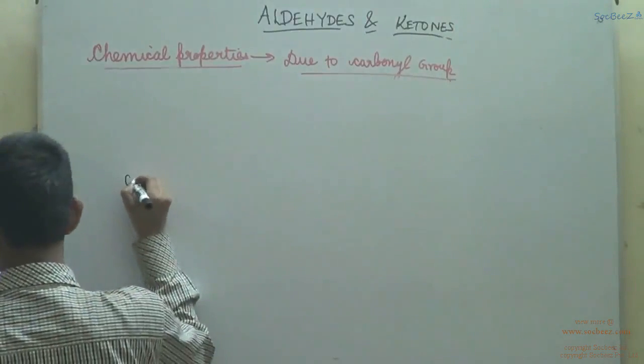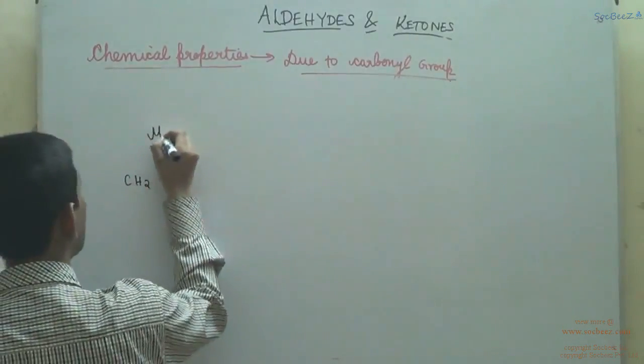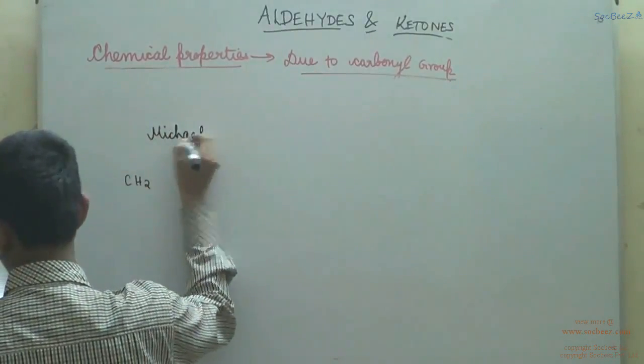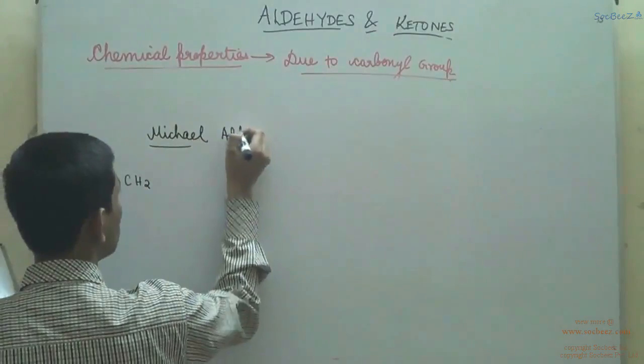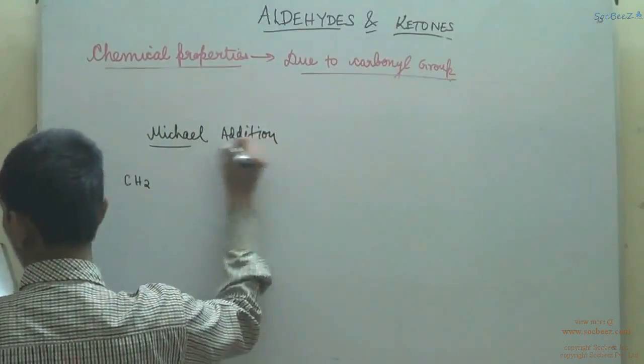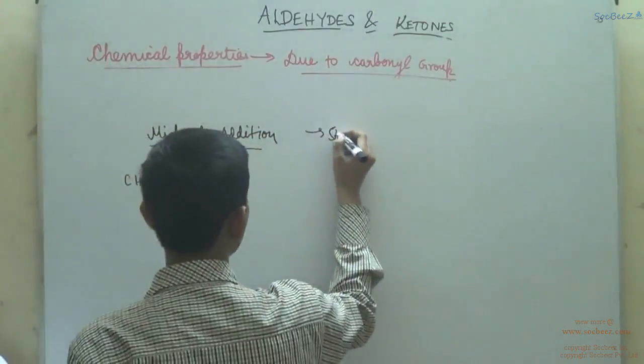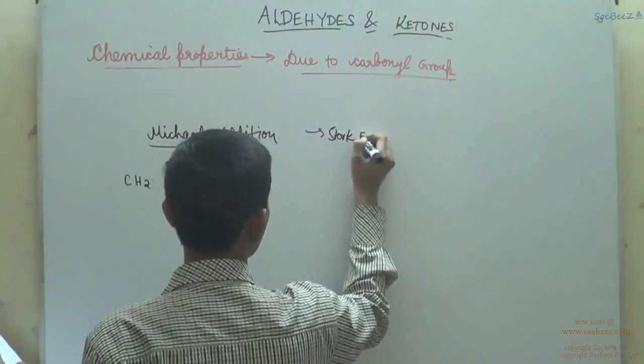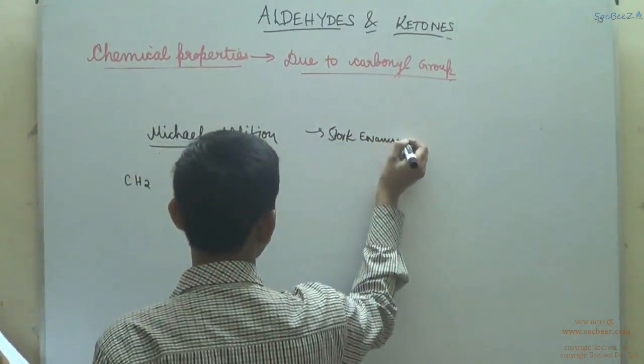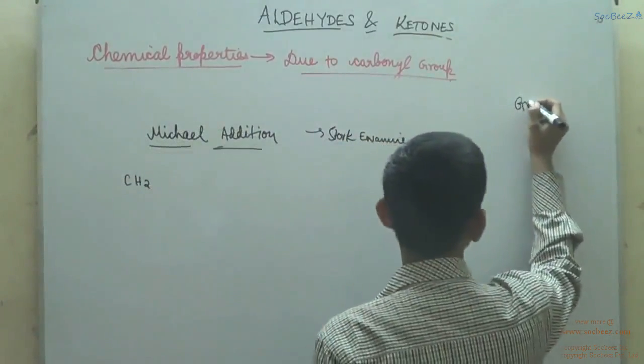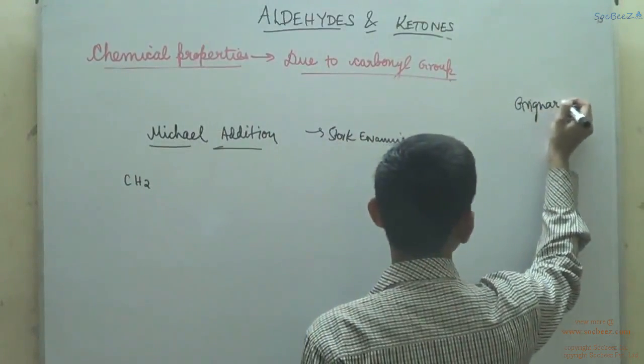Let me tell one more reaction. This is called Michael addition. This is a part of Michael addition, which is star-enamine synthesis. Remember, Grignard reagent reactions are already taught in the previous chapters.